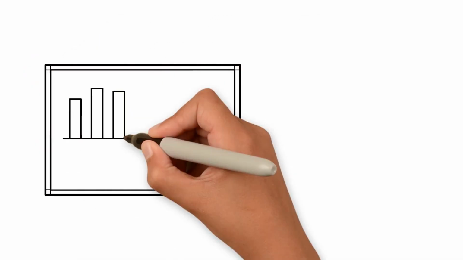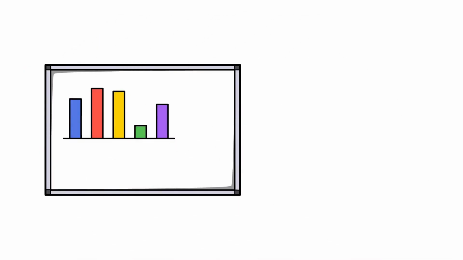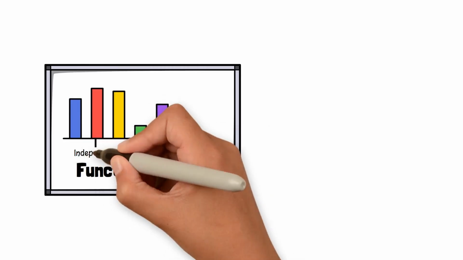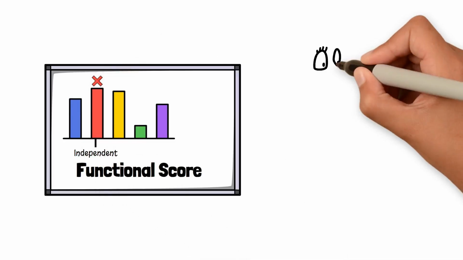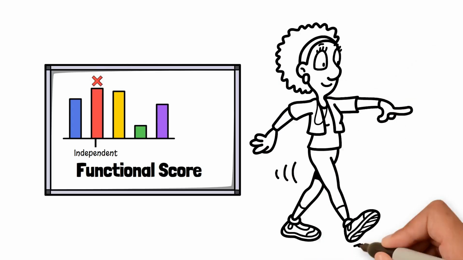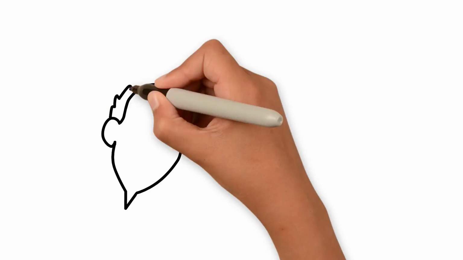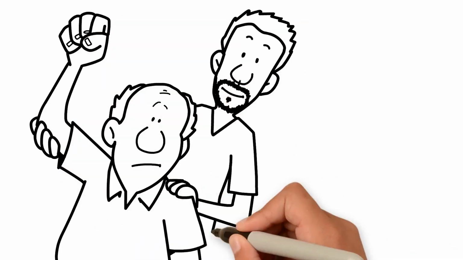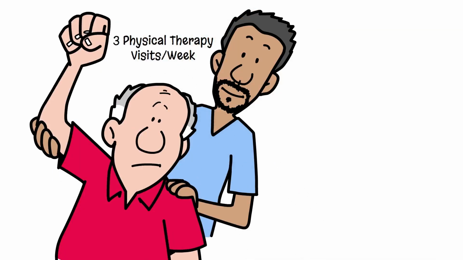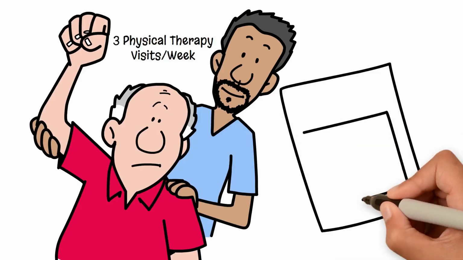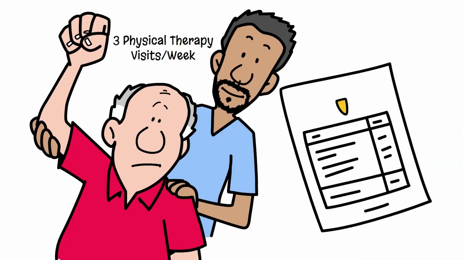Now, as an example, if your assessment is incorrect on their functional scores, their ability to walk around, and you basically say they're independent, and then your care plan that goes to the physician says that you're going to need 3 physical therapy visits every week, well, Medicare's essentially not going to pay you for those visits, because in your OASIS assessment, you said the patient didn't need physical therapy.